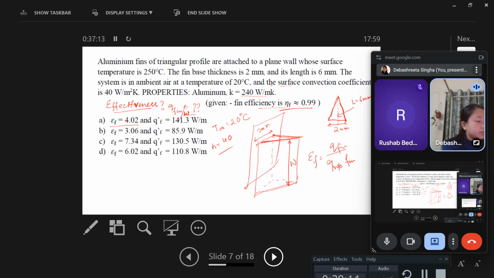Q fin is given by root over h P k Ac into theta b, right? So just find out what this is.